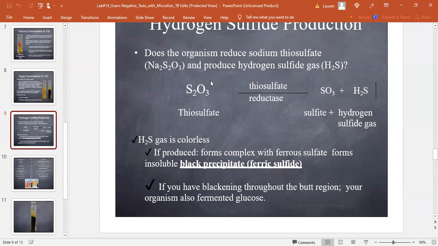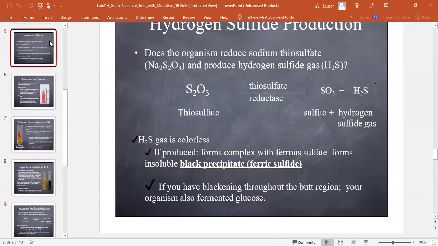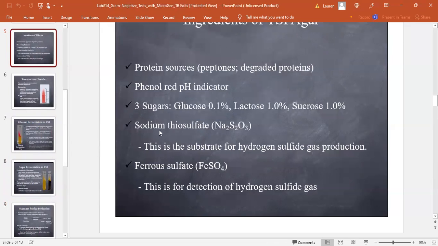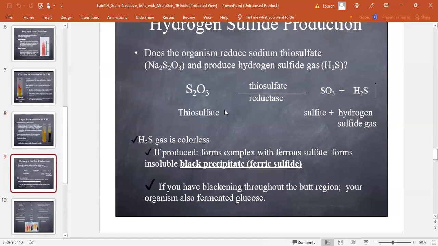But this is what's happening at the smallest level, right? And it helps you to remember, we had our ingredients, right? The sodium thiosulfate is what is being used, remember? So we see the thiosulfate here being reduced by the bacterial enzyme thiosulfate reductase, and we get the hydrogen sulfide gas and the sulfite production.